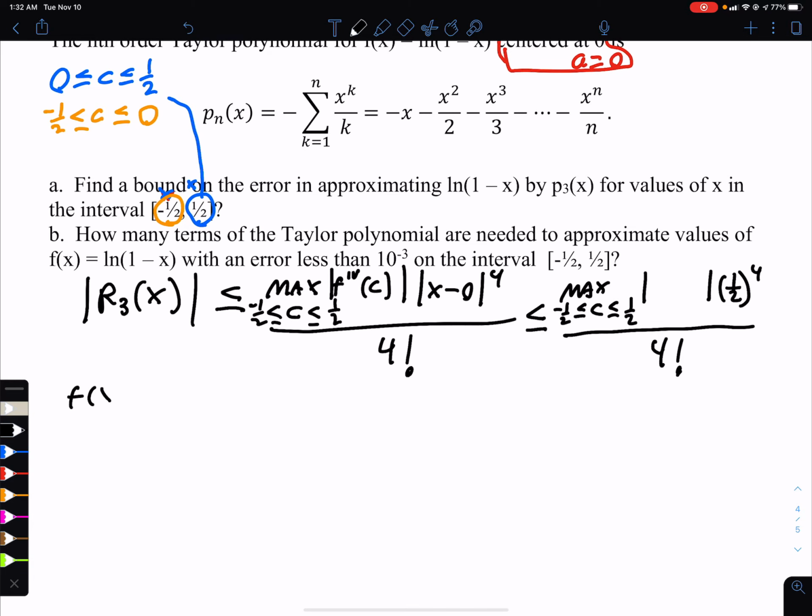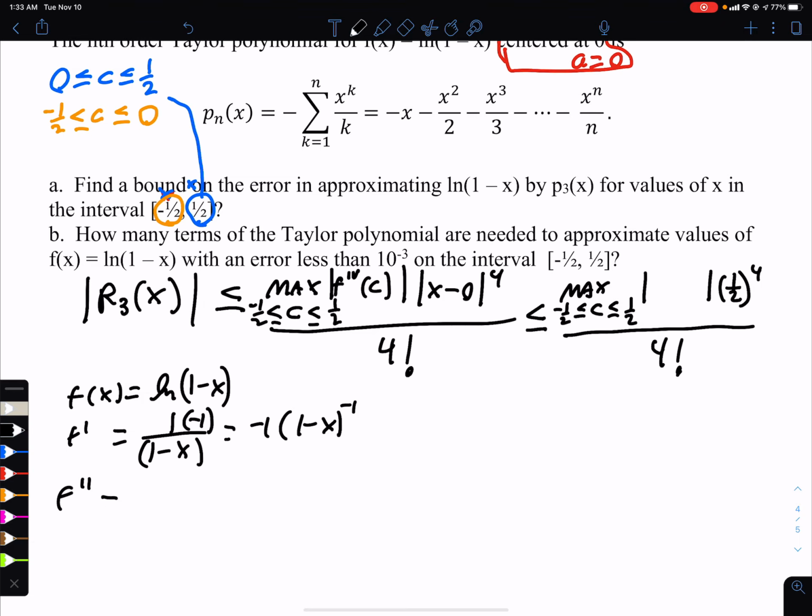So our function is ln 1 minus x. The first derivative is going to be 1 over box times the derivative of the box, which is -1. So I get this.